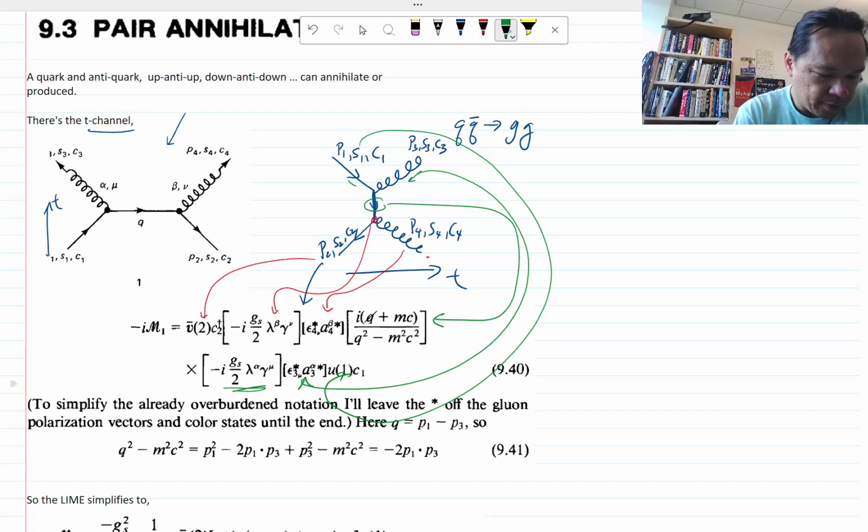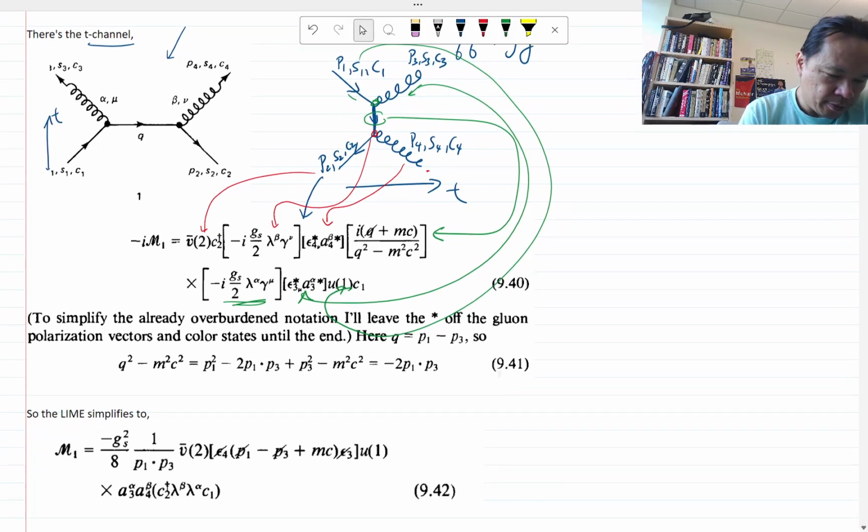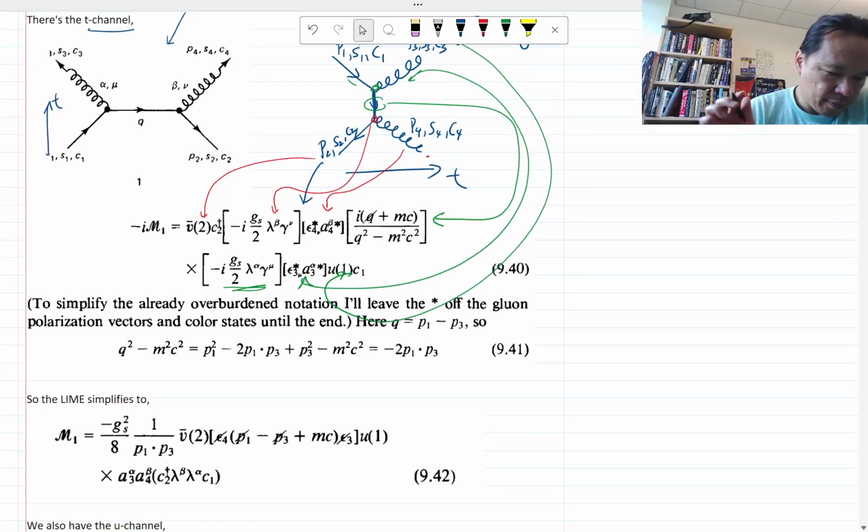Okay, just to see that the vertex factor is here. Okay, all right, so and in this case, I think he also left off the star of the gluon polarization until the end, but I think I still see that there, so I'm not sure what he's mentioning that.